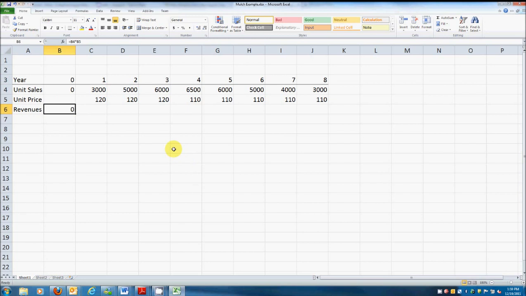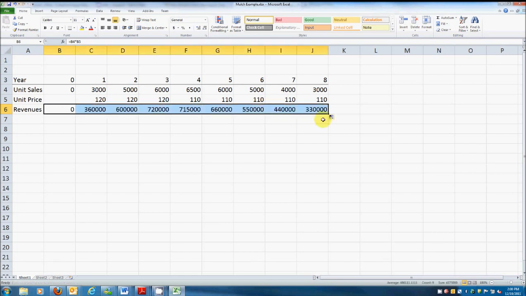Now check this out. I could type this in over and over again, or I could copy and do what I did earlier up here with 110, but there's an easier way. All I have to do is grab this lower right hand corner. Notice how the plus sign that's white turns into a black one. That's when I know it would be okay to hit my left mouse button and drag that all the way over.